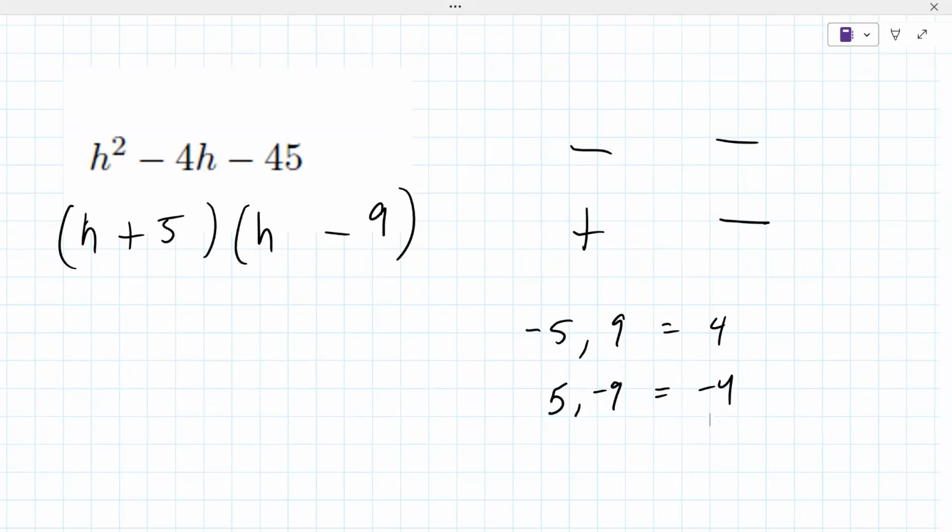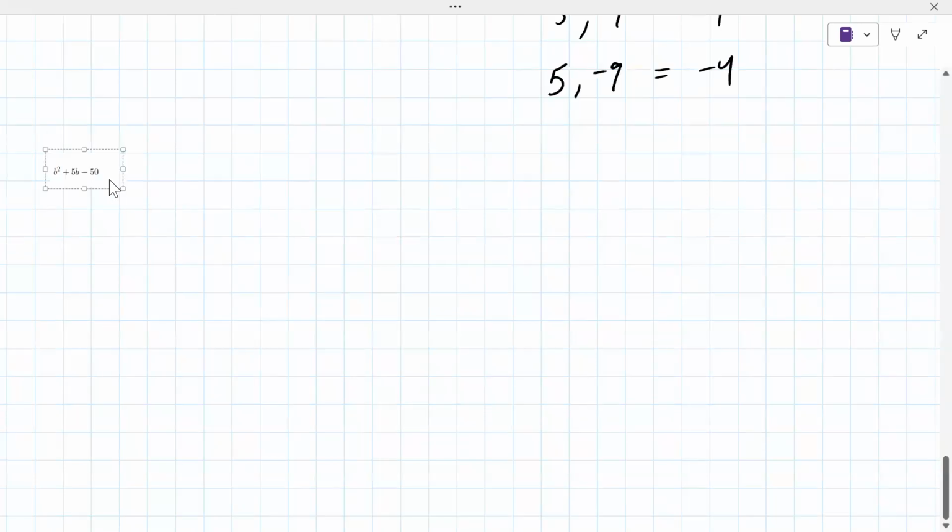Let's try another one here. This is again one positive and one negative.